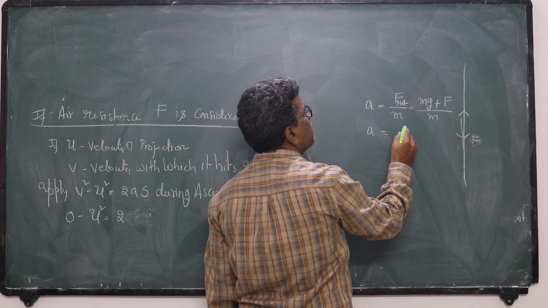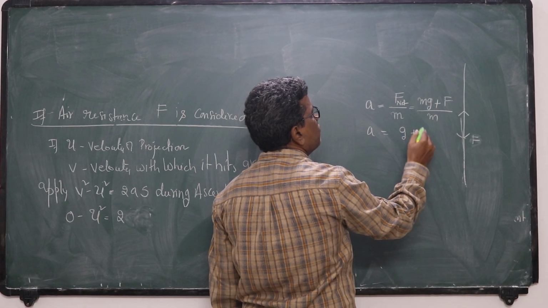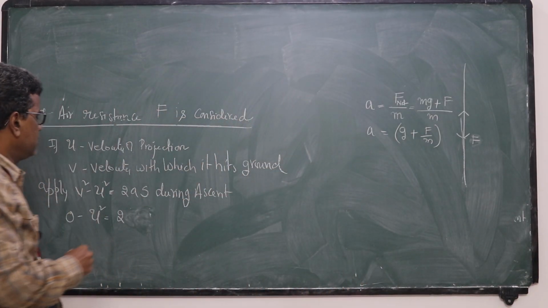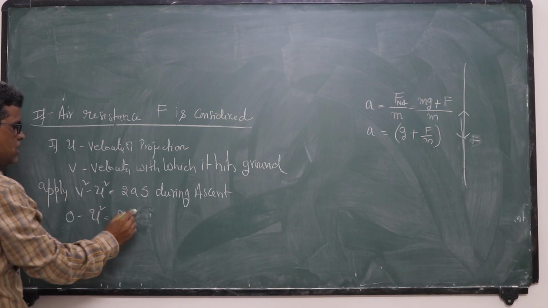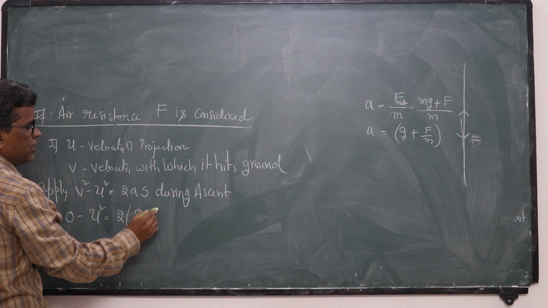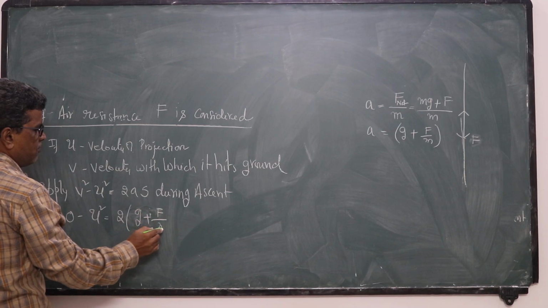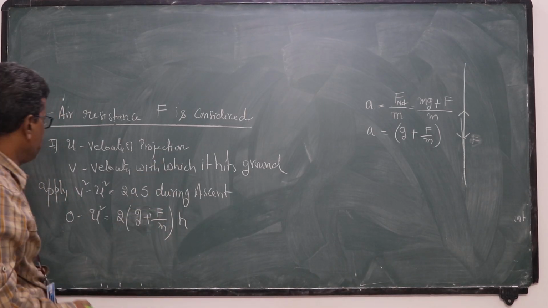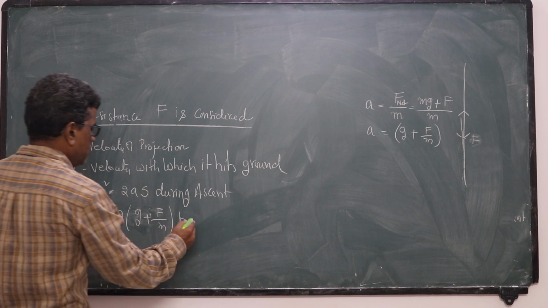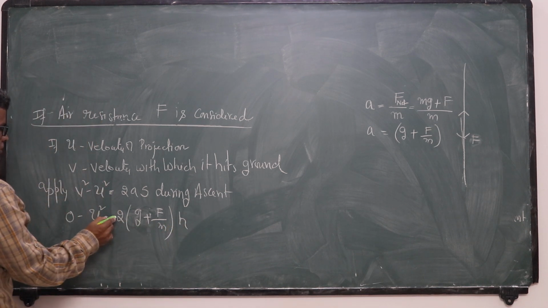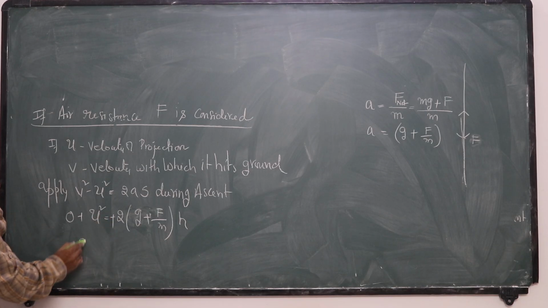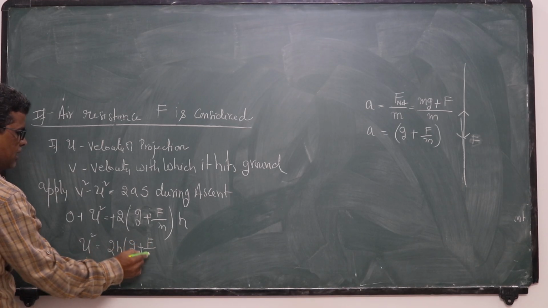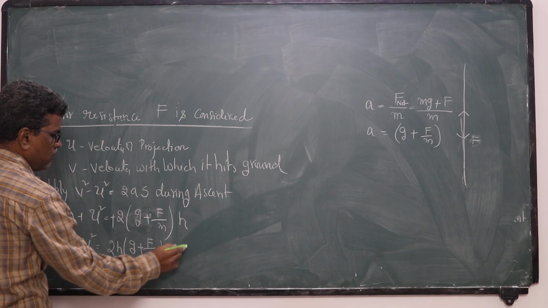So effective acceleration is g plus F by m. So during ascent, acceleration is g plus F by m, into s, where s is h. It rises to a height h. This minus gets cancelled. So u square is equal to 2h into g plus F by m. You call it equation 1.